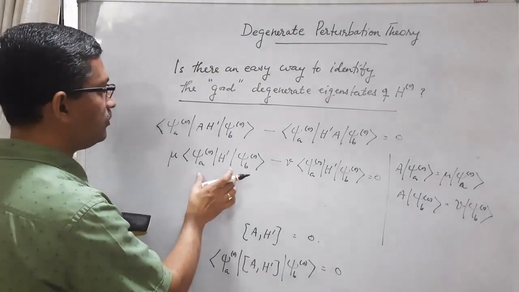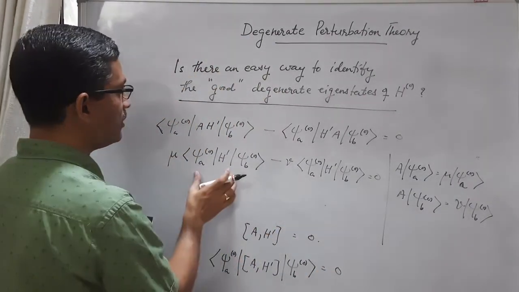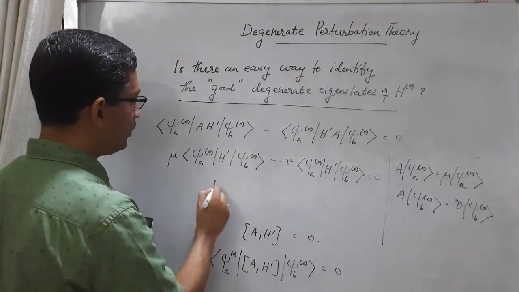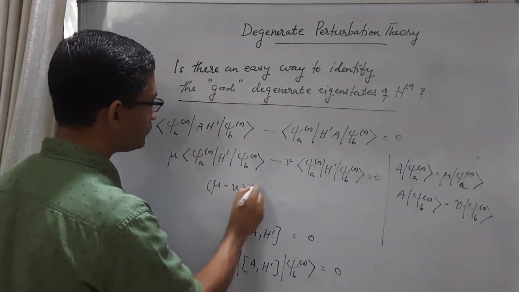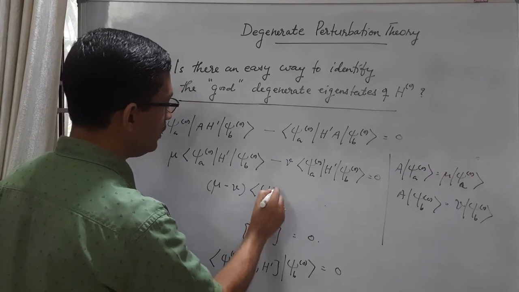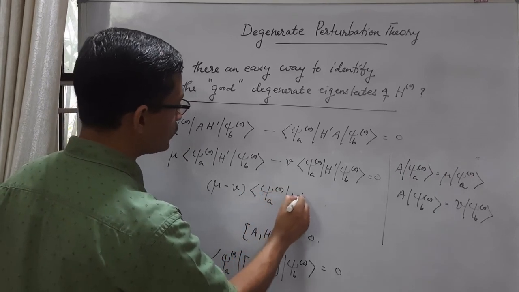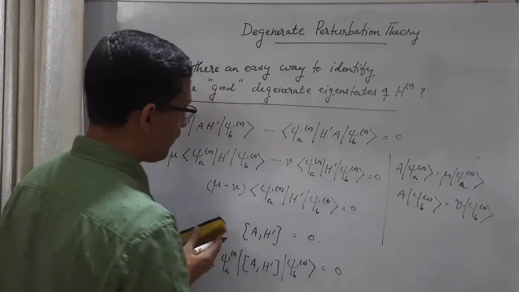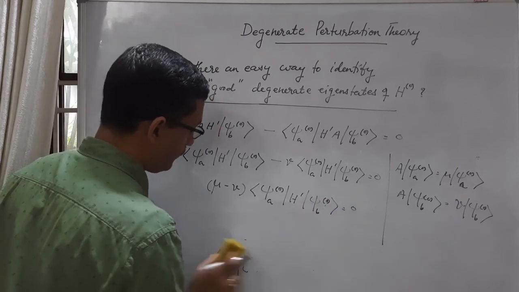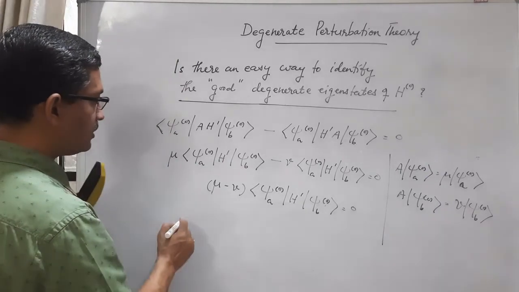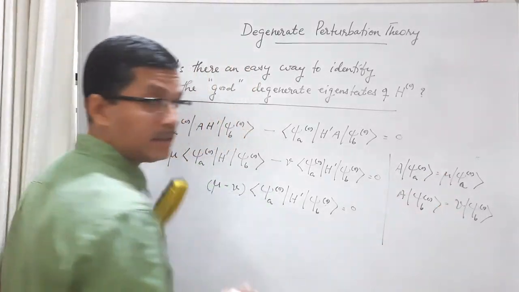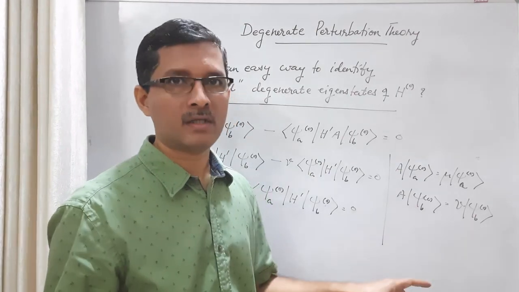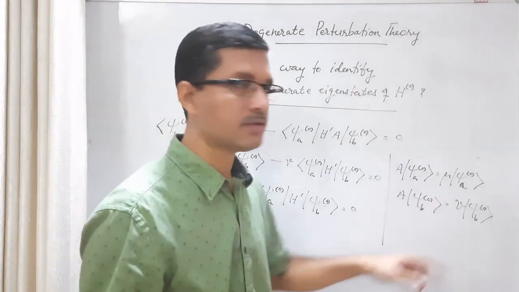Right? Now these two matrix elements are the same, so we can take it as common. So we have mu minus nu times psi A0 H prime psi B0 equal to 0. Now we know that mu and nu are different because psi A0 and psi B0 are non-degenerate eigenstates of A. So these eigenvalues are different.